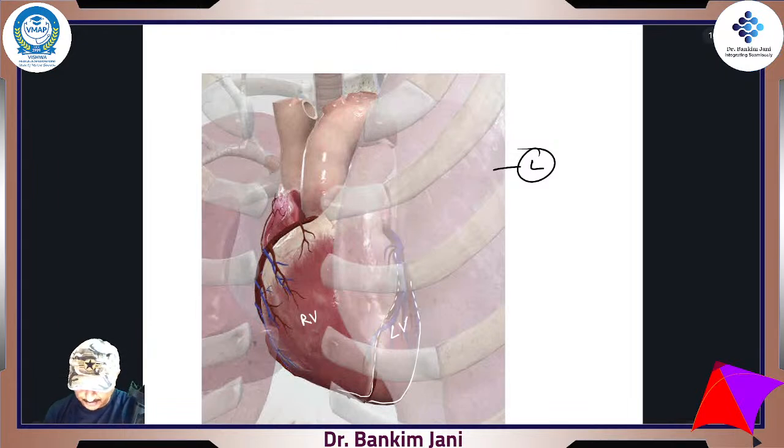And in the left ventricle, this point is the apex. That's where we get the apex beat. Now, when we try to see on the top, there would be the first intercostal space, second, third, fourth, fifth.